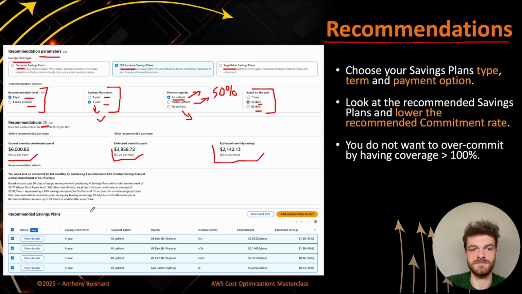For each of them, since I'm in EC2 Instance Savings Plan, I need to say which instance family I want this to apply to, and also which region. And so AWS provides me those recommendations to purchase those commitments and says that I will save around this much for each one of them.